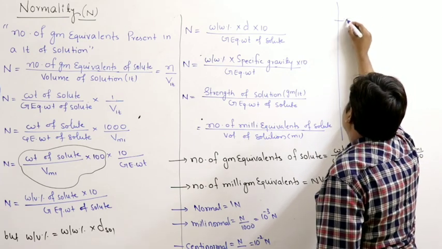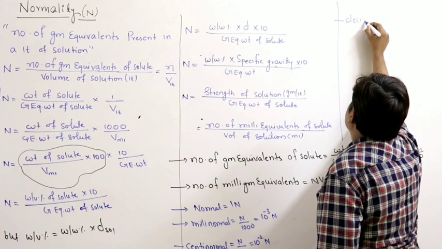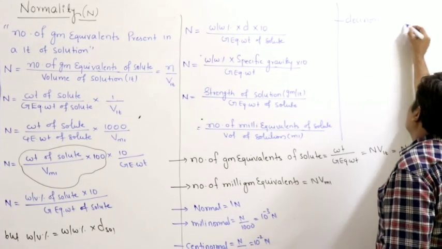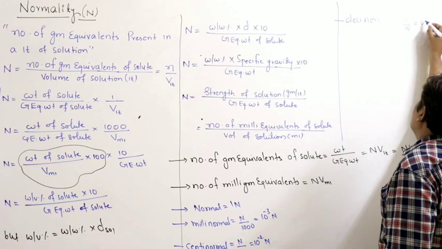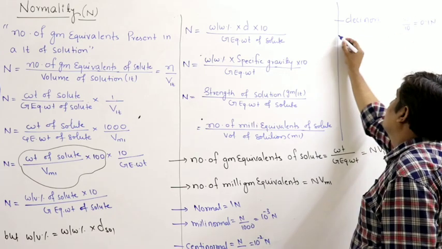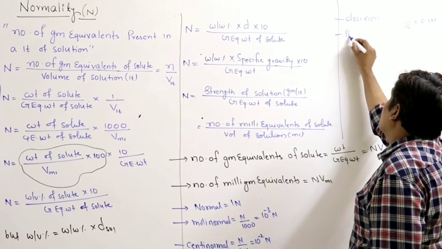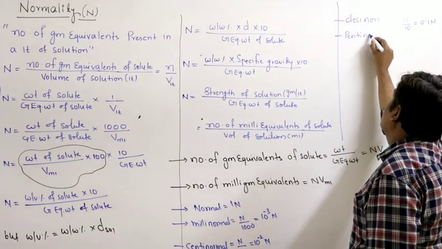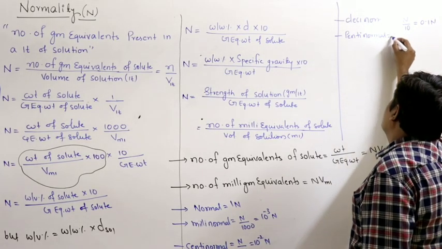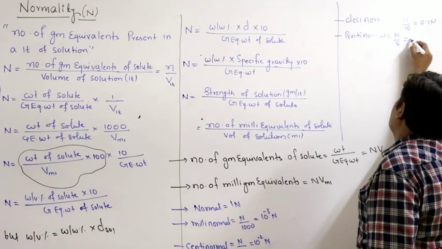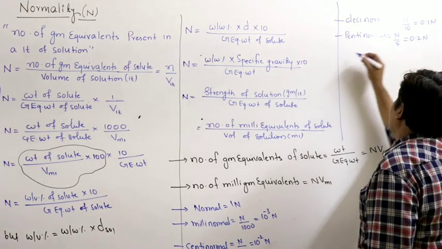Next, decinormal solution. So decinormal solution is nothing but N by 10 solution or 0.1 N. Pentinormal solution. So what is the meaning of pentinormal? It is N by 5 or 0.2 normal.